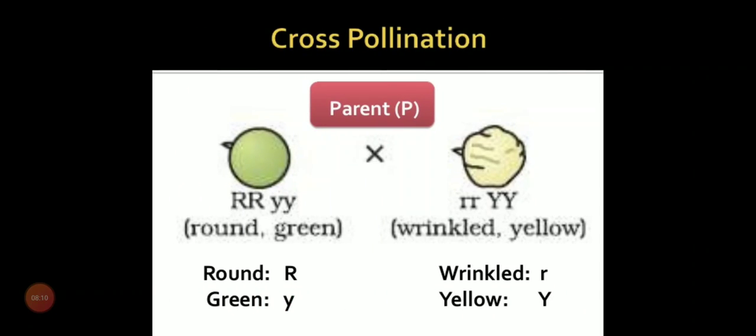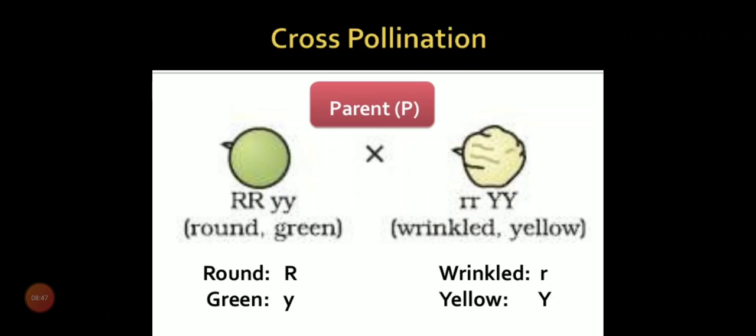He also carried out cross-pollination between two types of characteristics, that is RRYY and rryy. Capital R stands for round, small r stands for wrinkled, capital Y stands for yellow and small y stands for green. Till now we have considered only one characteristic, the height of the plant, tall or dwarf, and that's why that experiment was known as a monohybrid cross, in which we get only one hybrid, that is capital T small t.